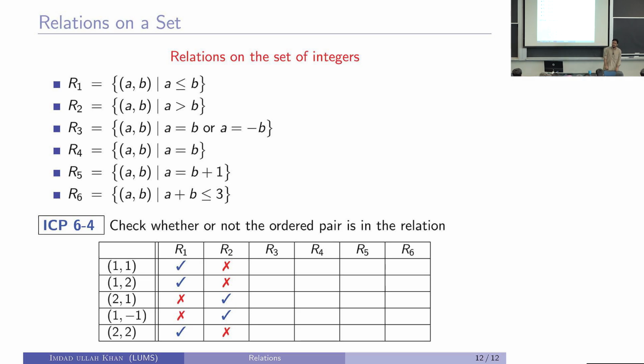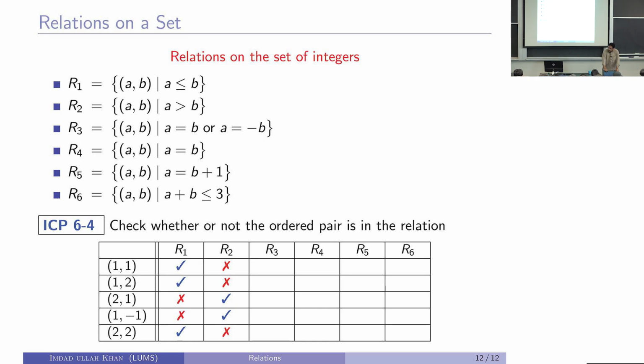Positive, negative, all integers. R1 is the inequality relation, or the less than or equal to relation. Any number A is related to all other integers that are greater than or equal to A, right?